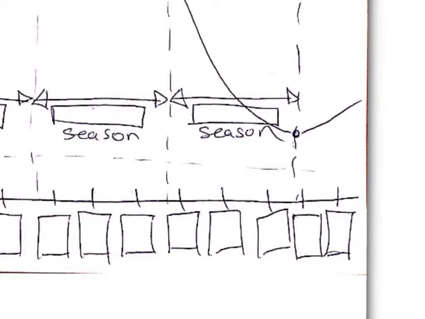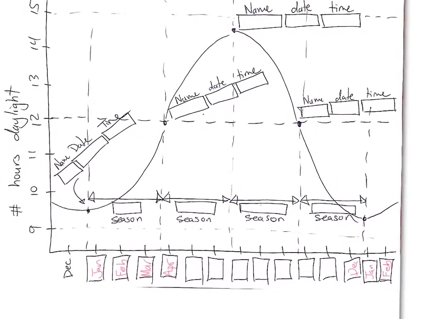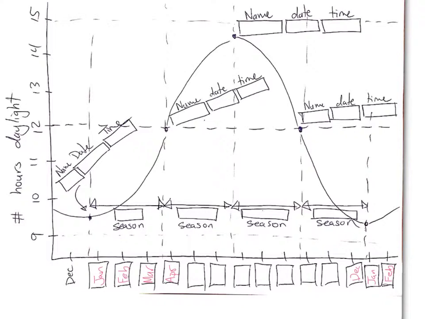Where our December would be here, I'm going to write these in. You can fill in the rest of those, but we have December, January, and February. So there's a little overlap. That's cool. So fill in all those months.